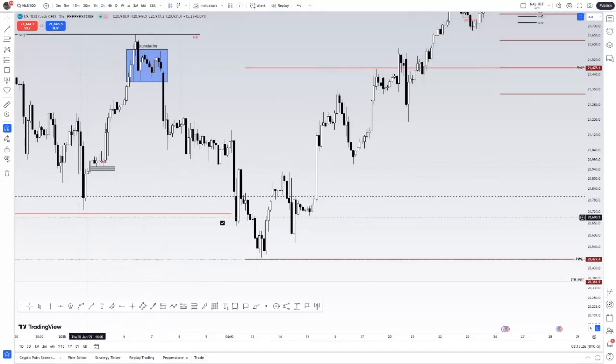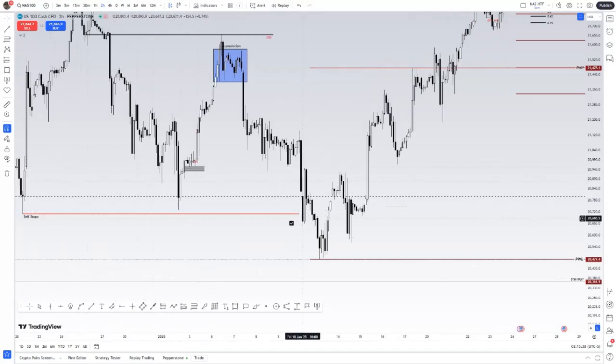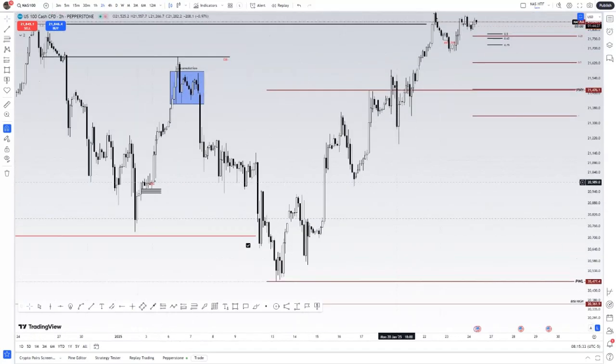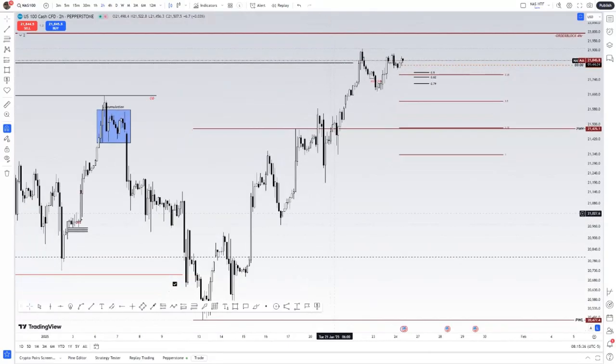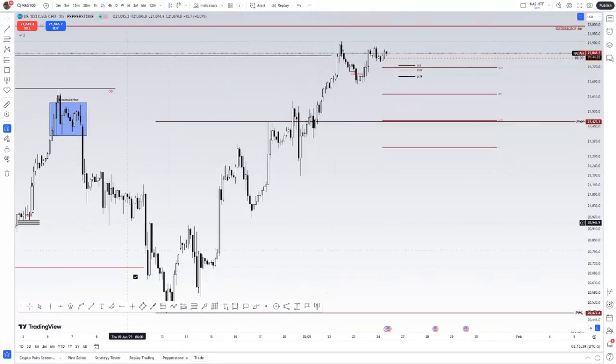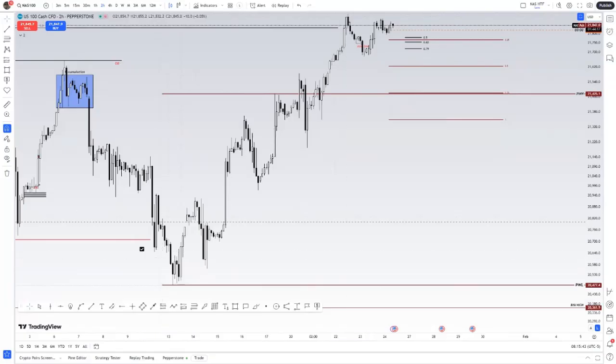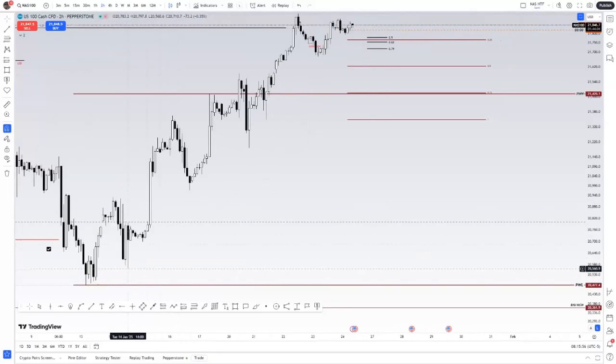So price initiated the low, that low initiated it, rebalanced back, then ran it, right?